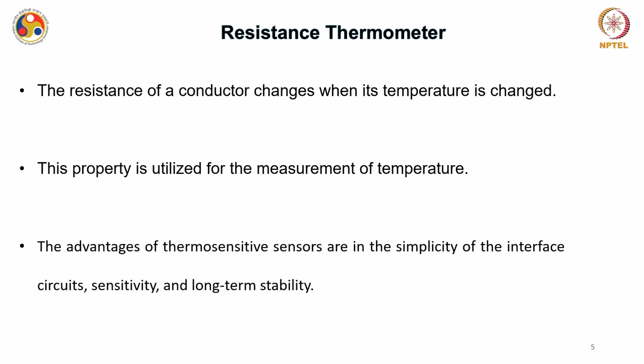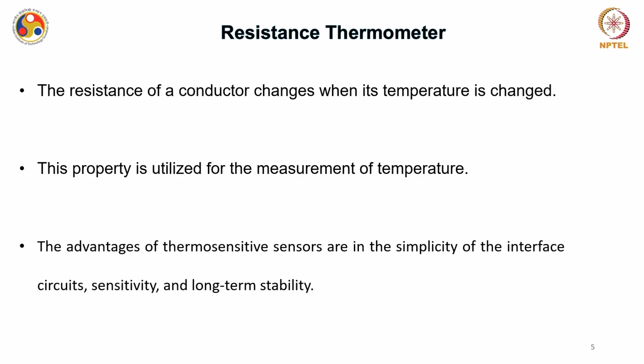All right. The contact type devices are mostly based on the resistive principle, so let us learn about resistive thermometers. The resistance of a conductor changes when the temperature is changed, and this property is exactly what is utilized for the measurement of temperature.